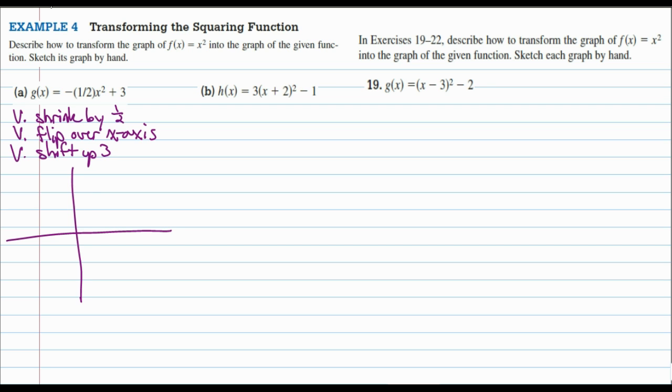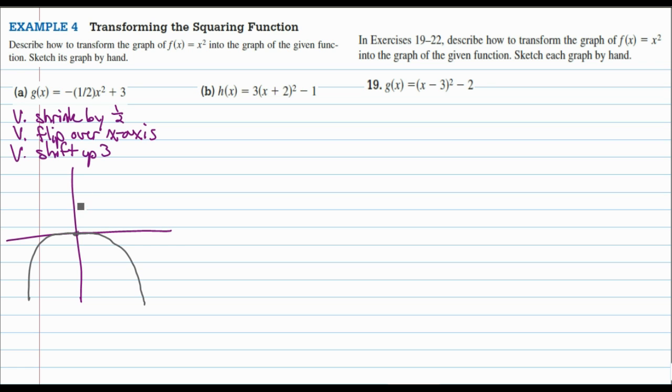So now the original parabola is going to be from (0, 0), just like normal. First, it is vertically shrunk by 1/2. So now I'm going to have a shorter, wider looking parabola. Then there's going to be a flip over the x-axis.